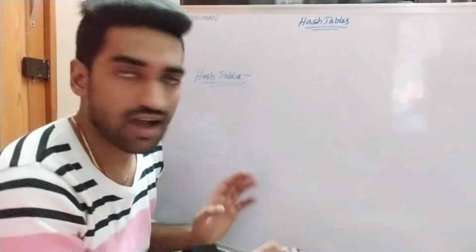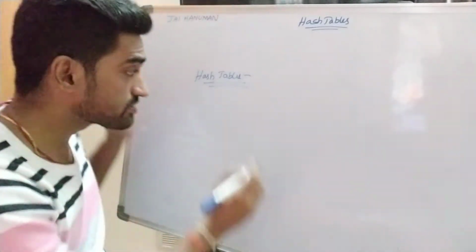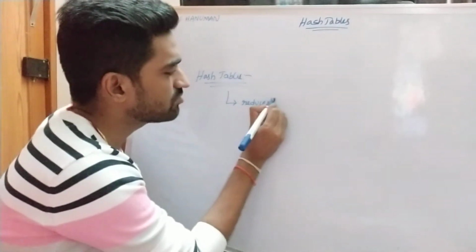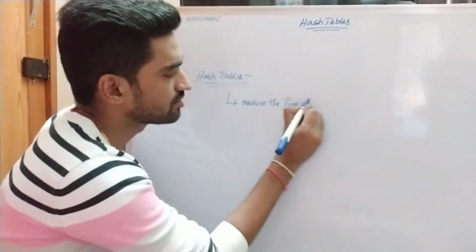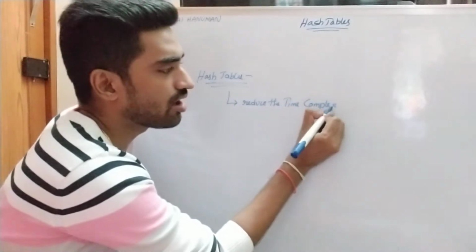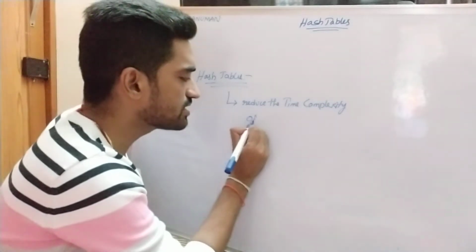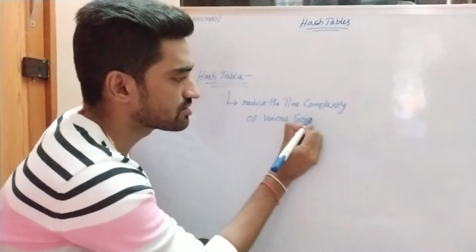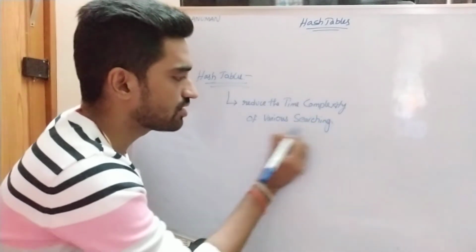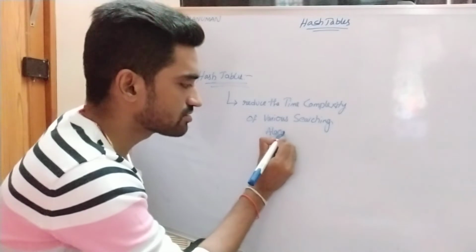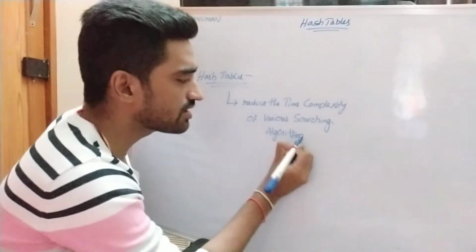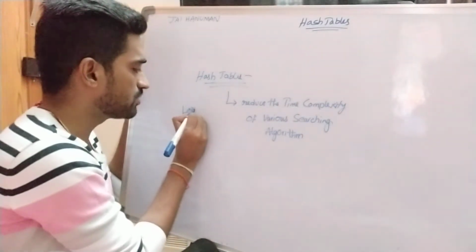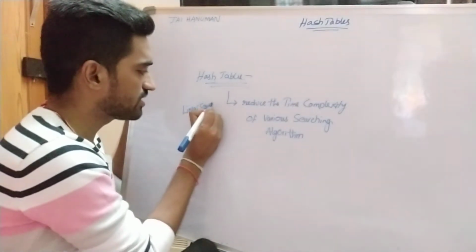Hash tables are used to reduce the time complexity of various searching algorithms. So what are the different types of searching algorithms available in data structure? Linear search, binary search.